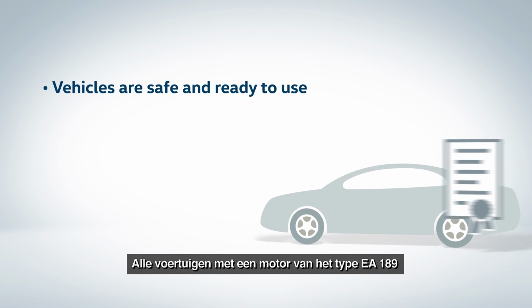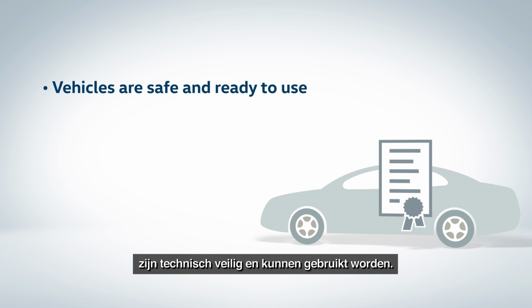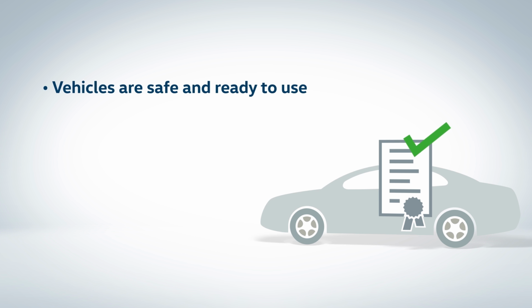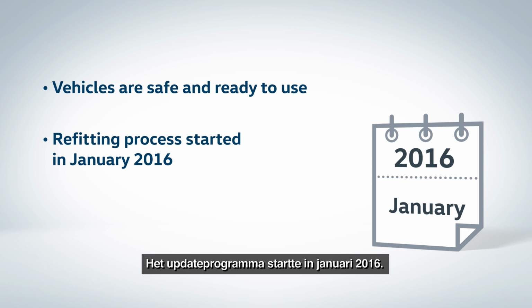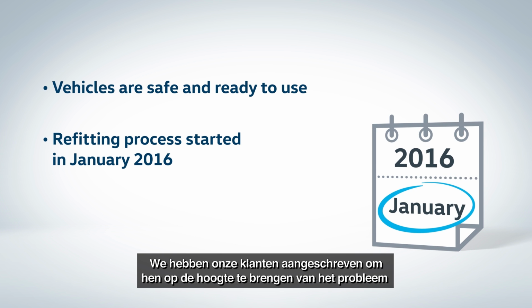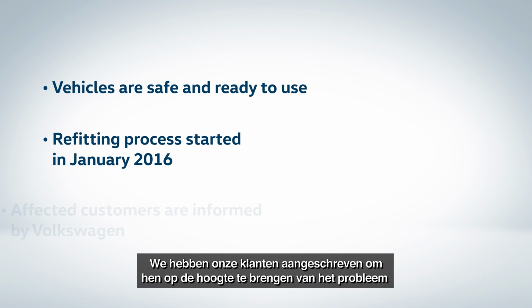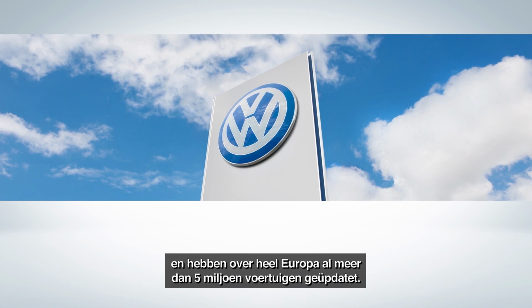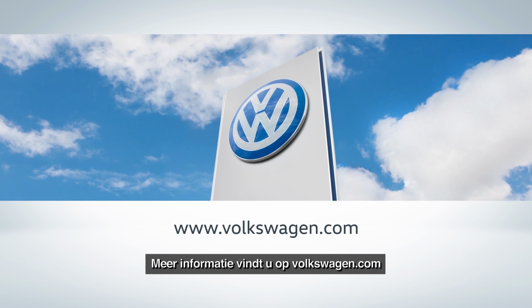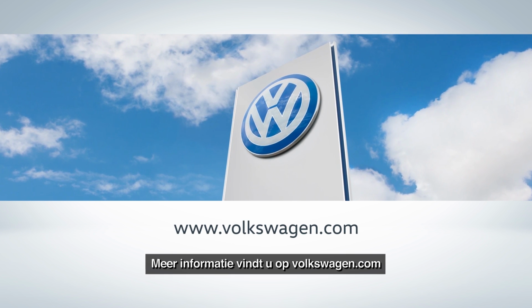All vehicles with EA189 engine type are technically safe and ready to use. The refitting process started in January 2016. We have written to our customers to inform them of the issue, and the technical measures have been installed in more than 5 million vehicles across Europe. Find more information at Volkswagen.com.